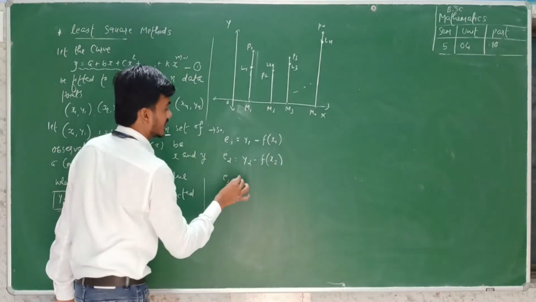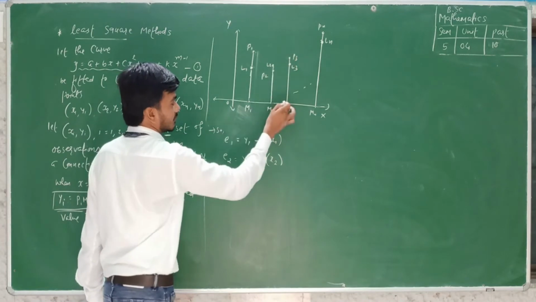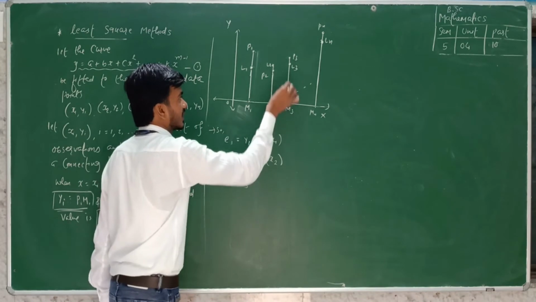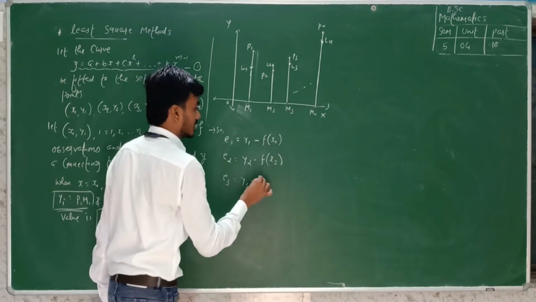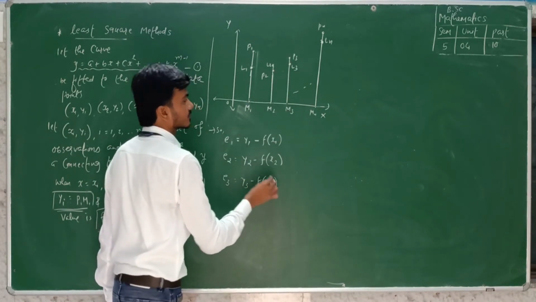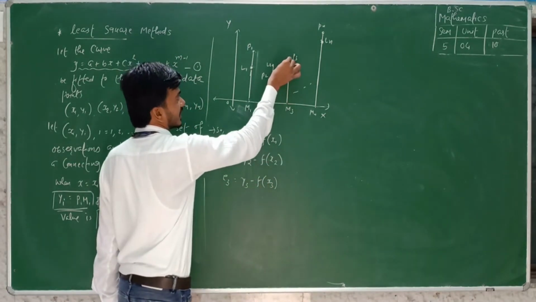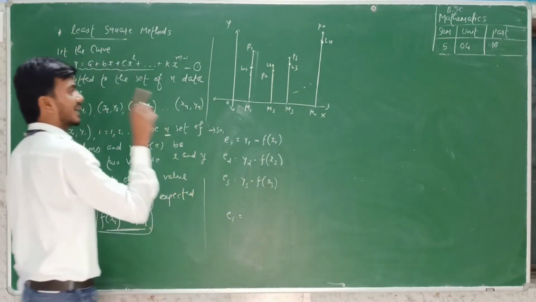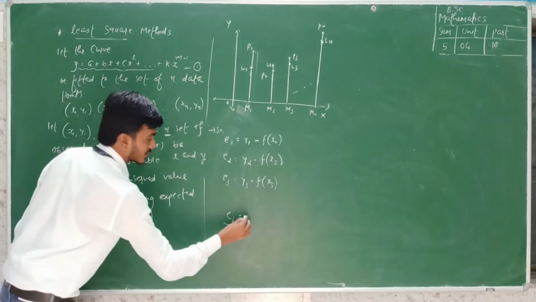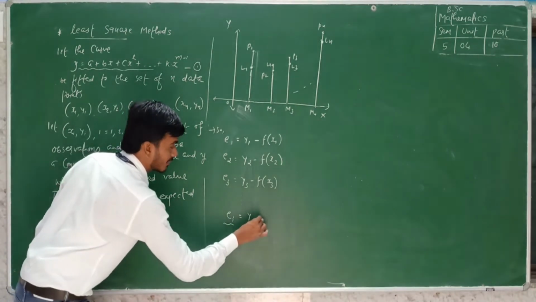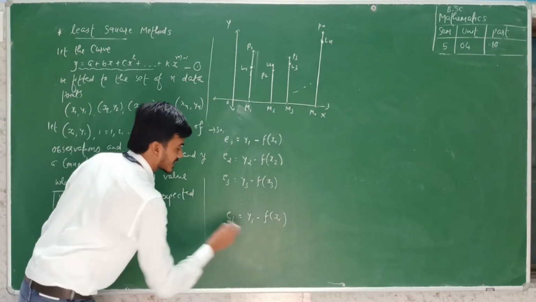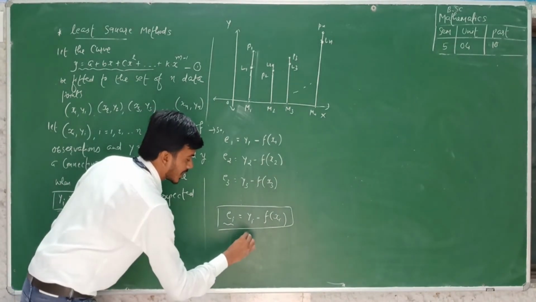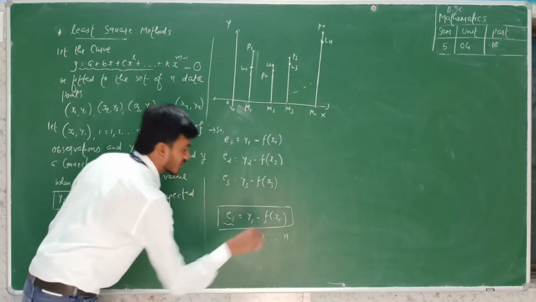Same as e3 is equal to y3, the observation value, minus our expected value f of x3. So that means this is an error. Same as ei: whenever we put x is equal to xi, the error is ei is equal to yi minus f of xi, for every x where i is equal to 1 to n, the set of observations.